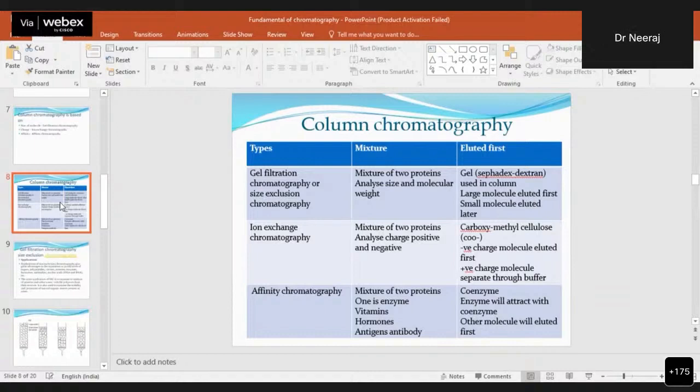Actually, these are basically gas liquid chromatography and liquid chromatography; you can see them at different places. I have mainly concentrated on the classification of chromatography which deals with medical science. Gas chromatography is mainly used in environmental science and inorganic chemistry. As far as medical science is concerned, we will mainly focus on these.